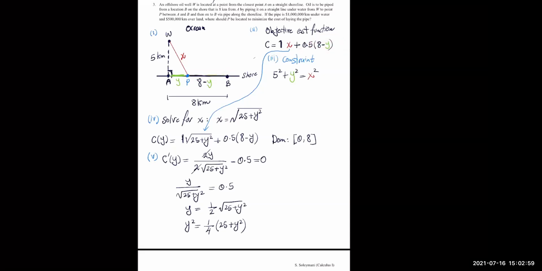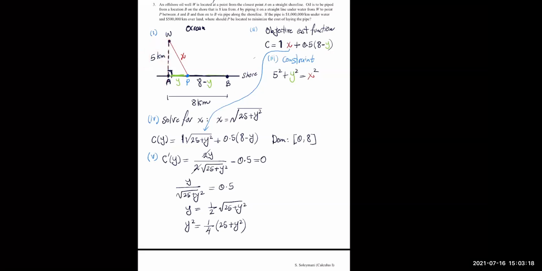And again, this cost function has two variables. We want our function to be a function of one variable, so we look for a relation between x and y.